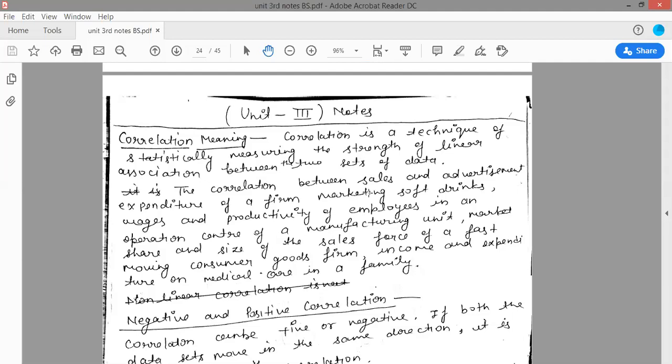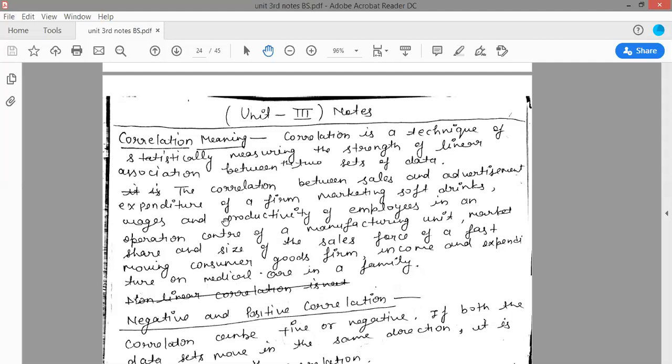I am taking this simple example. We measure our weight according to our height, and our height according to weight. So height and weight are two variables, two data sets, and there is a relationship between height and weight.